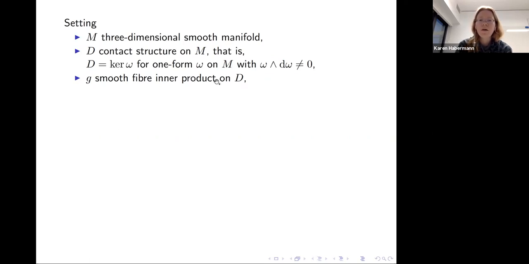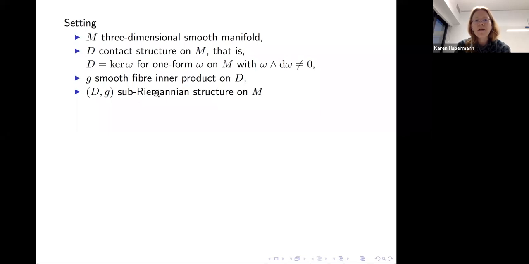It's only defined on this rank 2 distribution D. And just to justify one word of the title, this turns (M, D, g) into a sub-Riemannian structure on M.